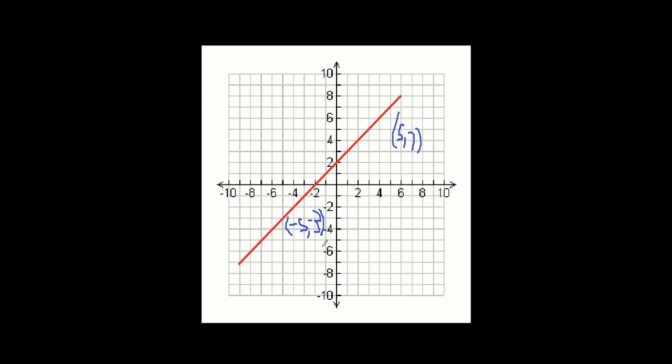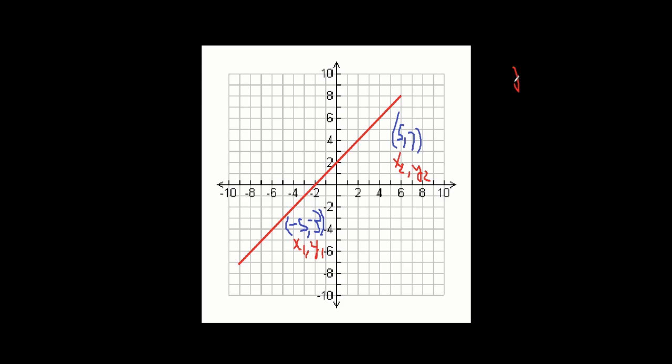So this can be x1 and y1, and this can be x2 and y2. So now we have our points. All we have to do is sub them into our equation.